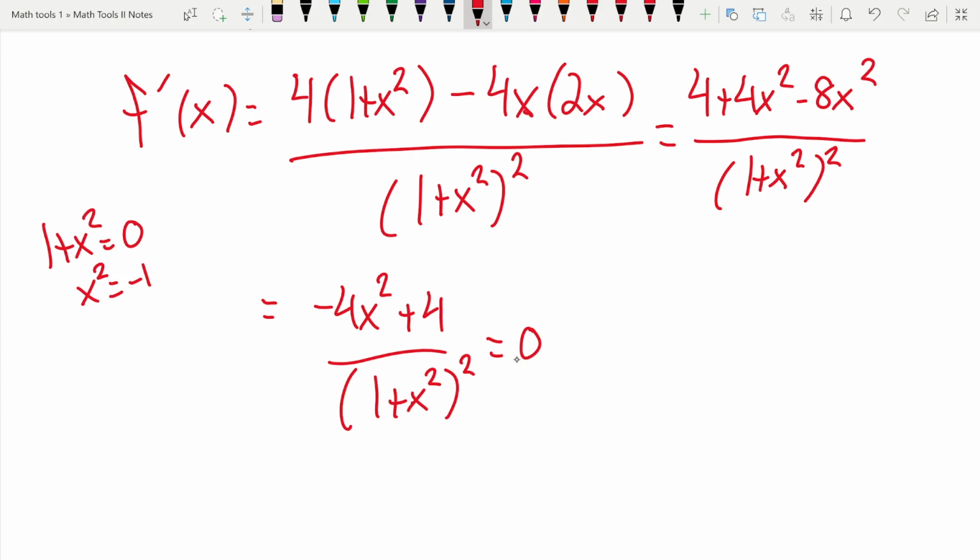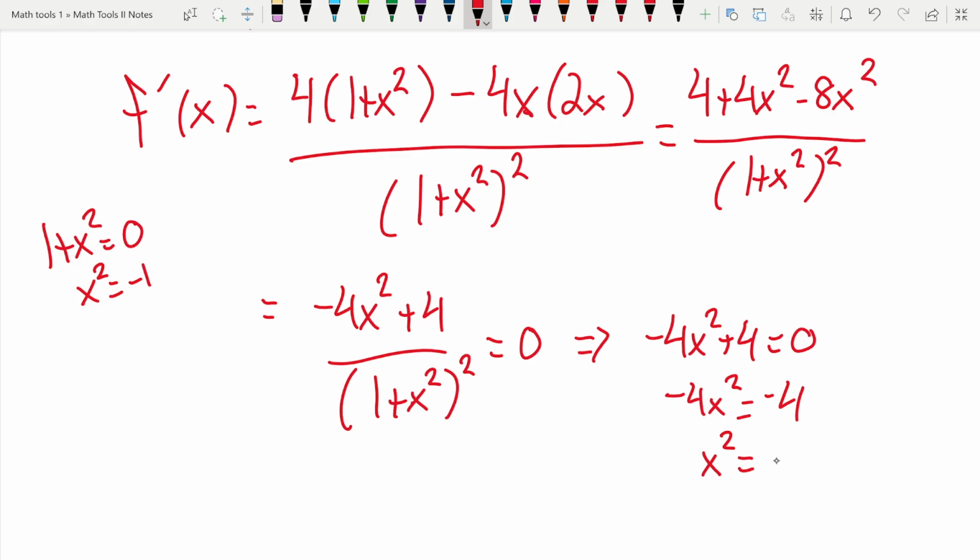This is just going to be 0 when the numerator is equal to 0. So this implies negative 4x squared plus 4 equals 0. We could just bring the 4 over to the other side and then divide by negative 4. So you get x squared equals 1. So again, x equals plus or minus 1. Our critical numbers are plus and minus 1.